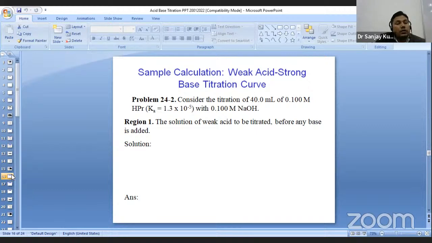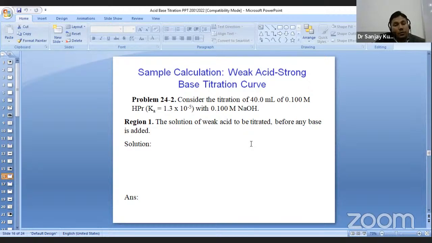Here we can see with the help of a problem, or questionnaires. Consider the titration of 40 ml. We are talking about a weak acid and a strong base. Here we are taking acetic acid in place of HCl, and the strong base, as usual, NaOH.